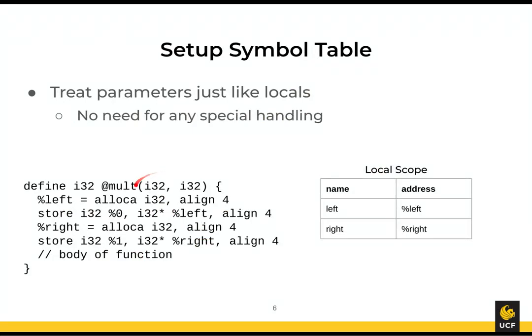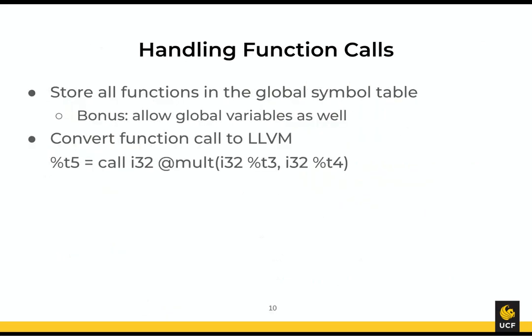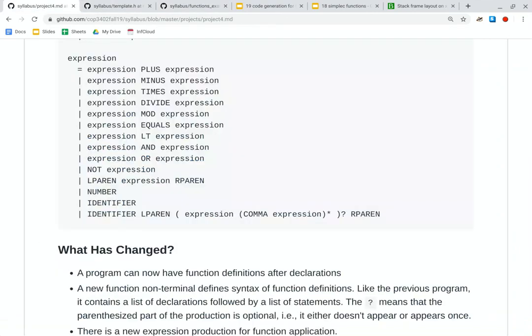Notice that the formal parameters are not named in LLVM. They're just %0, %1. And the actual parameters are just whatever register or value. You can put a constant there in LLVM as well. They're just whatever register or value you happen to evaluate the expression to be. Going back to our grammar, notice that each of the actual parameters is the syntax of an expression.